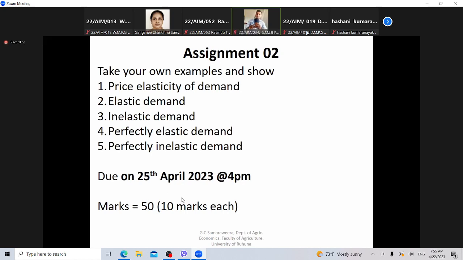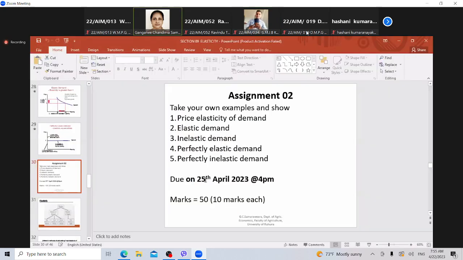Madam, busy. 27th, yes. One message came from Vimandya. It said 27. Yes, madam. Okay, okay. So I just changed it here also to 27.